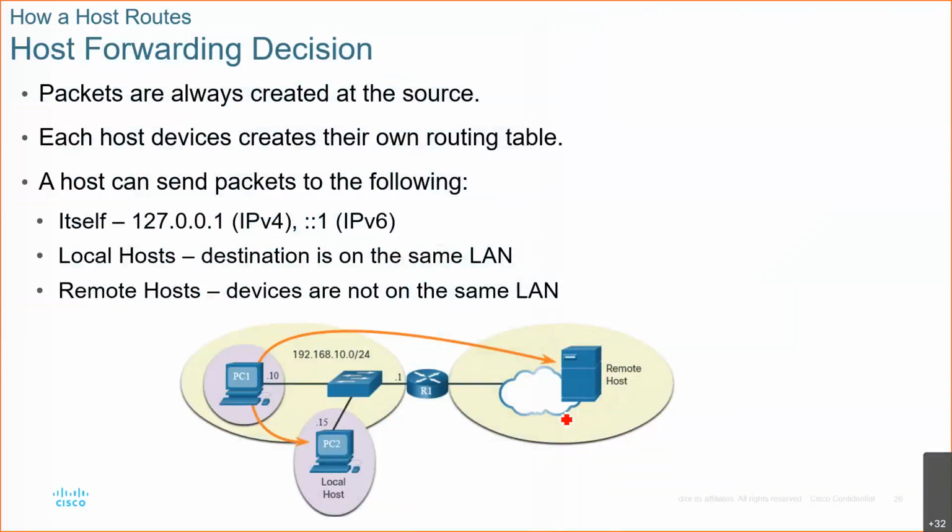If you're using IP version 4, you want to check your TCP IP connection, you can do a self check. You can send a packet to yourself. In IP version 4, it is 127.0.0.1. This means your local host. And you can do the same thing in IP version 6, ::1.